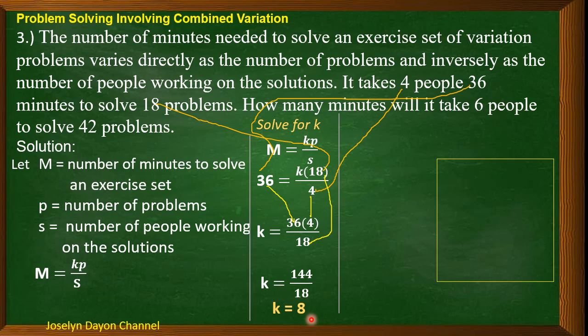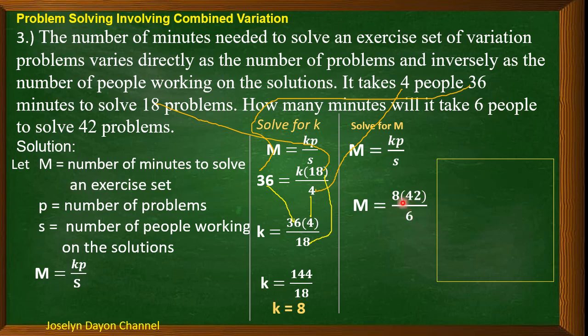Now we have to solve for the number of minutes. Okay, we have to make use of the same equation. Now our K is equal to 8 and our P is 42 because there will be 42 problems to solve, and the number of people to solve is 6. So we have here 6.